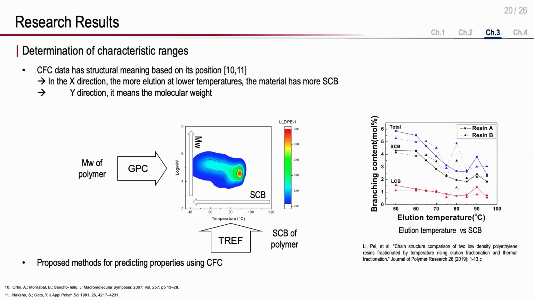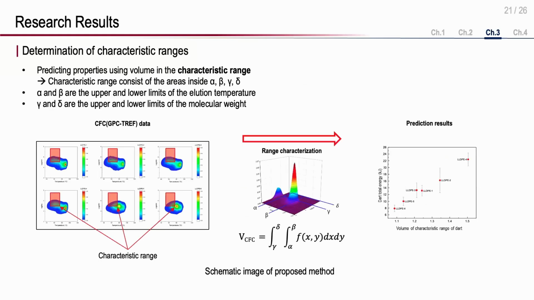This is the CFC data, and CFC data has structural meaning based on its position. In the X direction, the more elution at lower temperatures, the more short chain branch the material has. And in the Y direction, it means the molecular weight. We proposed a method for predicting properties using CFC.